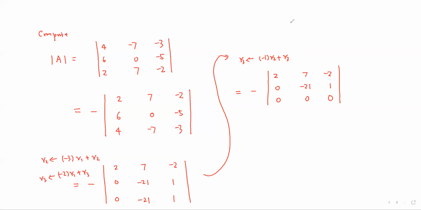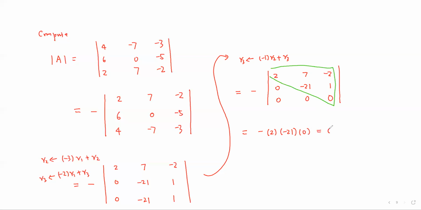Now, this determinant is an upper triangular determinant. Determinant of upper triangular matrix is equal to the product of the main diagonal entries. 2 times -21 times 0.